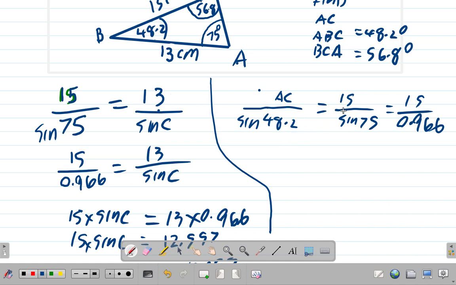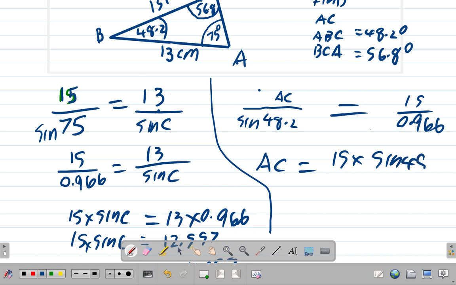So we can write AC divided by sine 48.2 equals 15 divided by 0.966. If you multiply both sides by the sine of 48.2, it cancels and you get AC is equal to 15 times the sine of 48.2 divided by 0.966.